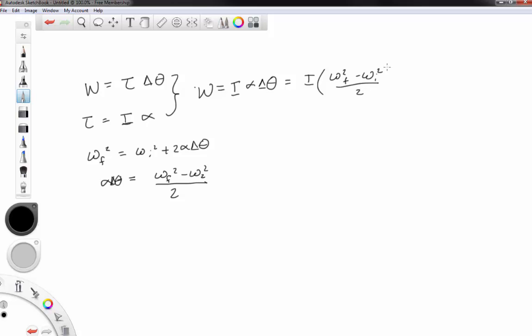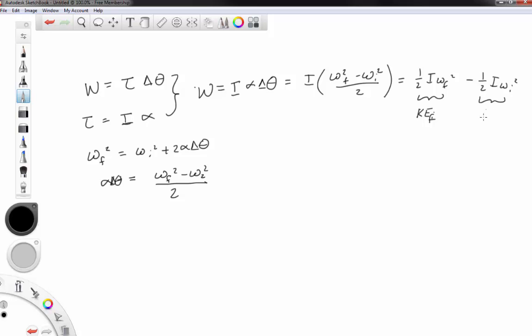squared divided by 2. All right, well, that's the same thing as 1/2 of I times omega final squared minus 1/2 of I times omega initial squared. That's just distributing the I in the half. Finally, this right here is the same thing as the final kinetic energy.